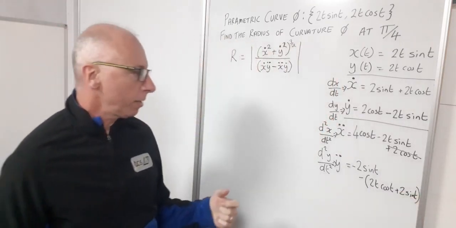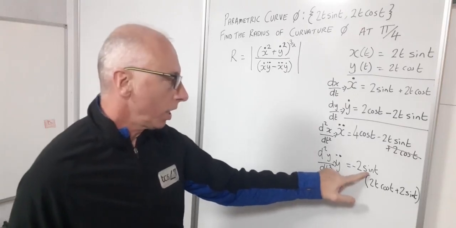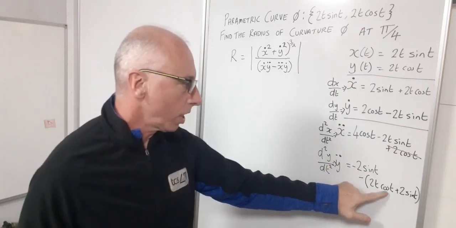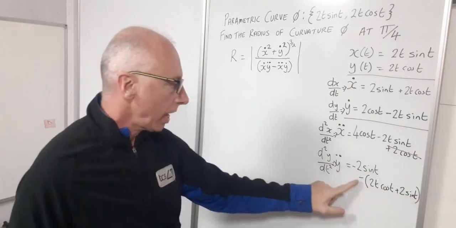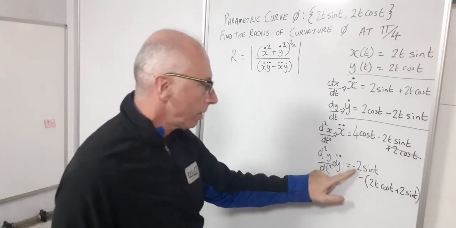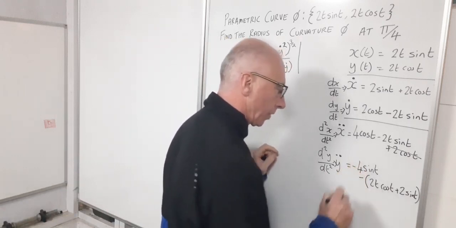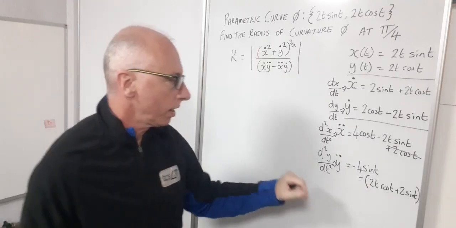Okay, right, let's simplify this because this is looking a little bit confusing. So we've got minus 2 sine t, minus 2t cosine t. But here we've got another 2 sine t, and it's with a minus. So we've now got minus 4 sine t altogether. And then we've got minus 2t cosine t.